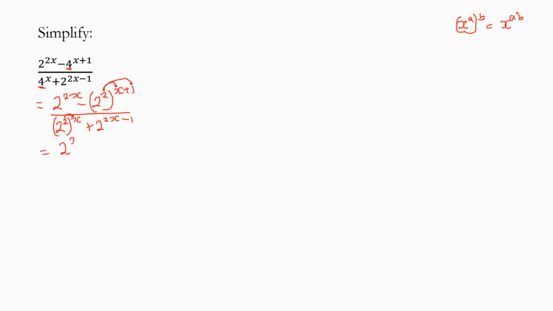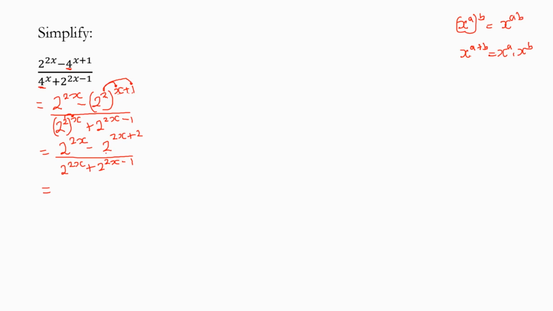So we have 2 to the power 2x minus 2 to the power 2x plus 2, over 2 to the power 2x plus 2 to the power 2x minus 1. What is the next step? We have to split the power. Remember, x to the power a plus b is equal to x to the power a times x to the power b.